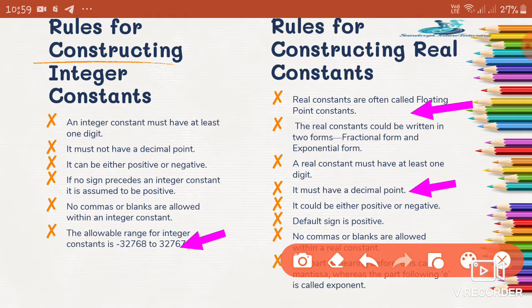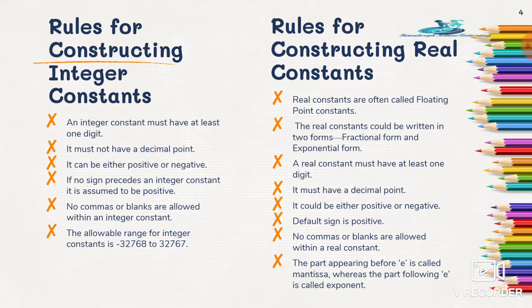It can be either a positive number or a negative number, as integers can be. The default sign is always positive. If we do not represent any kind of sign, then by default it will be positive. Commas are not allowed.